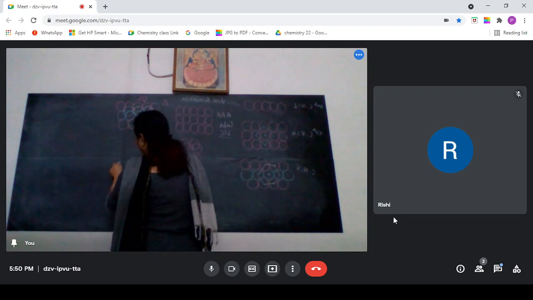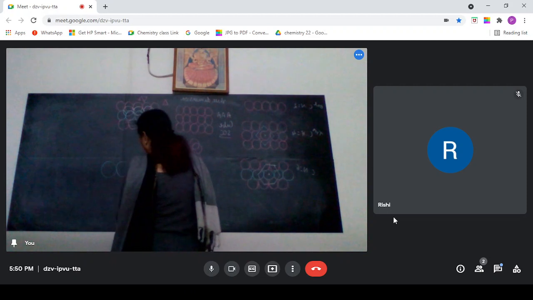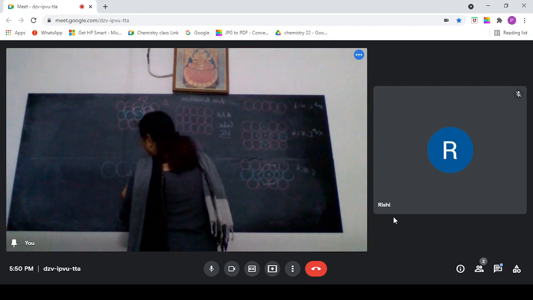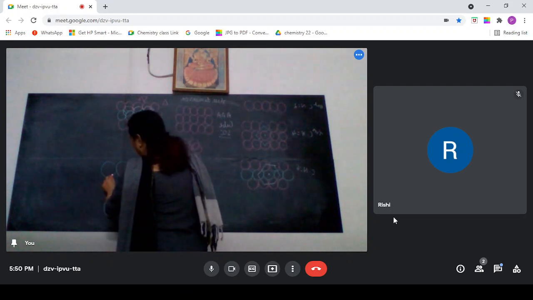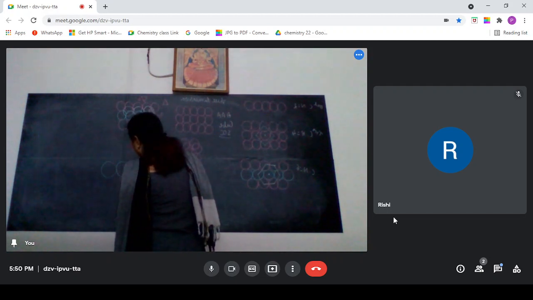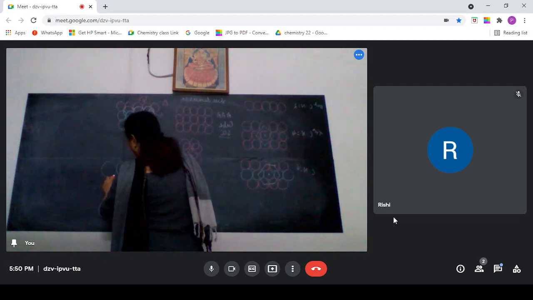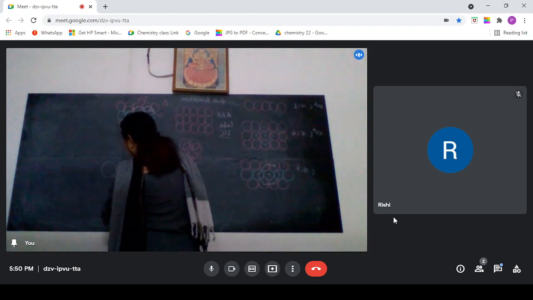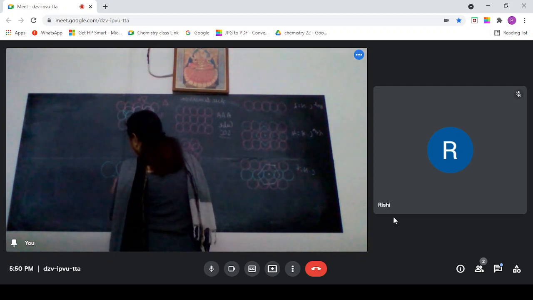See, if you put it like this, okay. The second layer, I am not able to write it neatly.